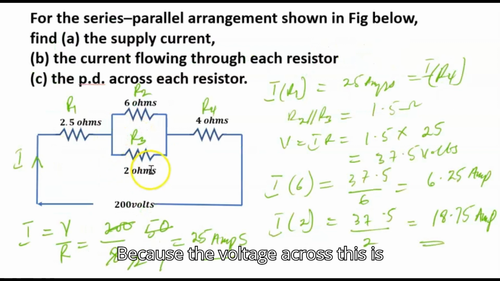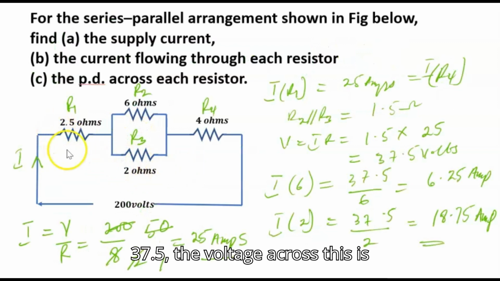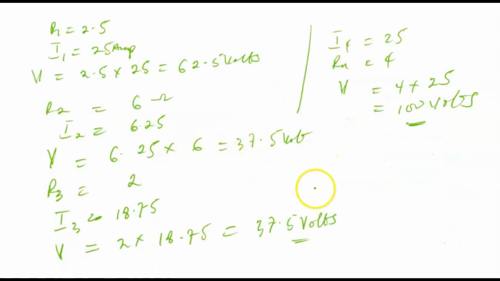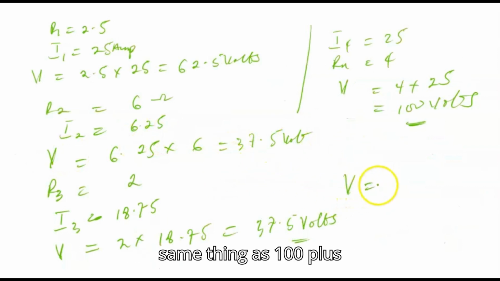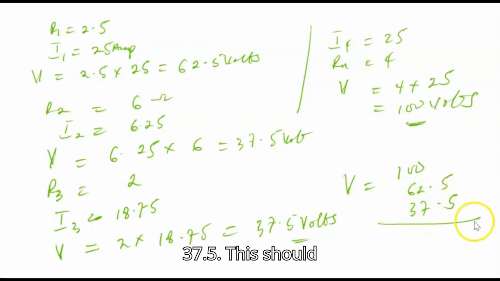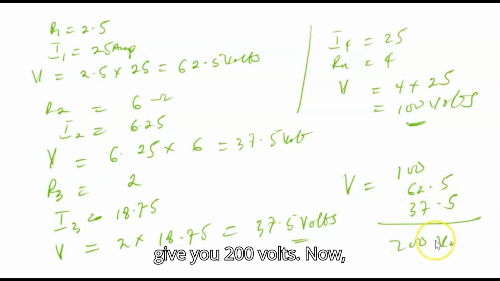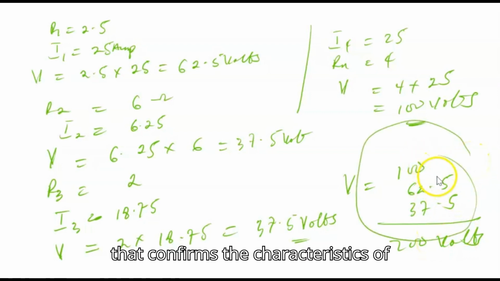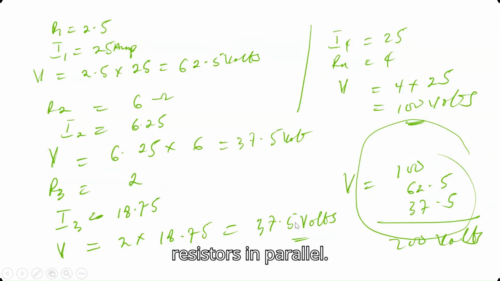The voltage across the parallel pair is 37.5, and the voltage across R1 is 62.5. Let's sum it together: my total voltage should be 100 plus 62.5 plus 37.5. This should give you 200 volts. Now, that confirms the characteristics of resistors in series.